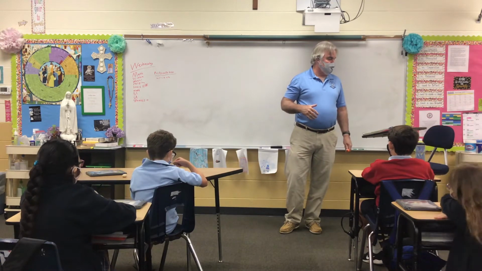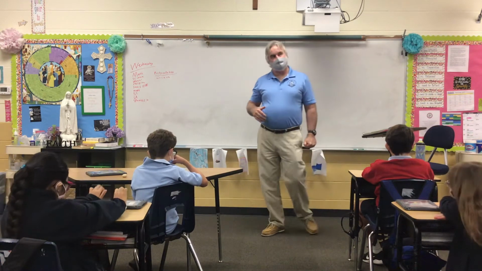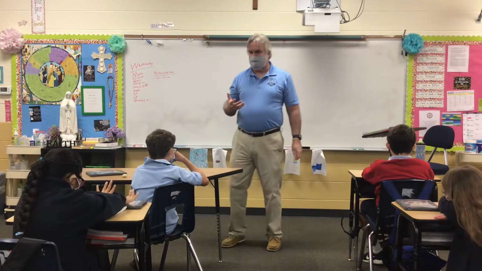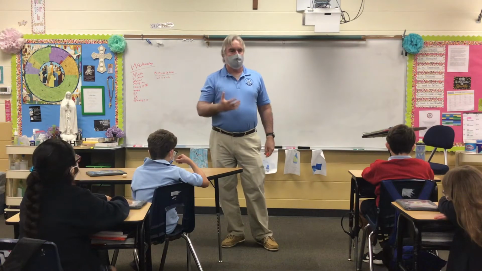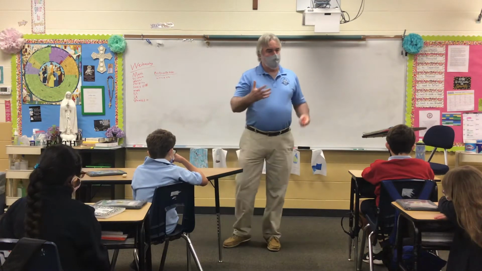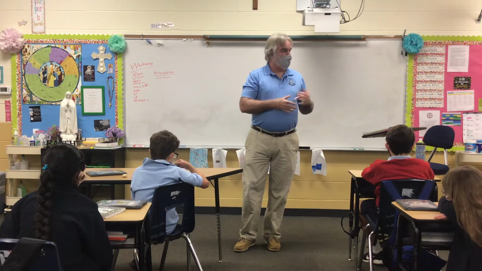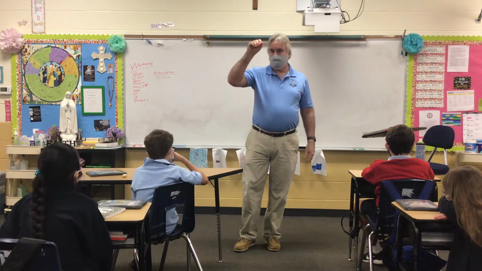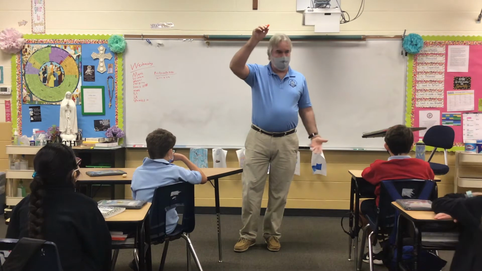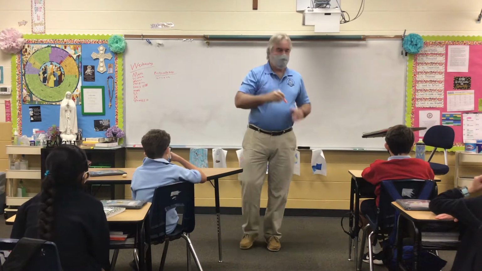What we are doing sort of goes with the lessons that we did with multiplication, where you had partial products. You remember when you had a 2-digit number that you were multiplying by a 2-digit number?